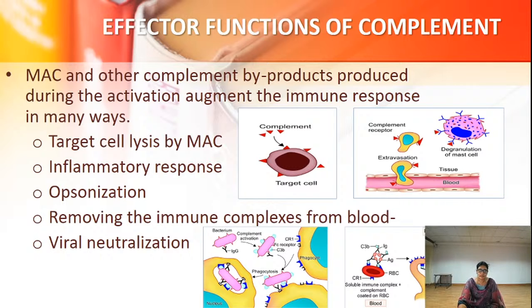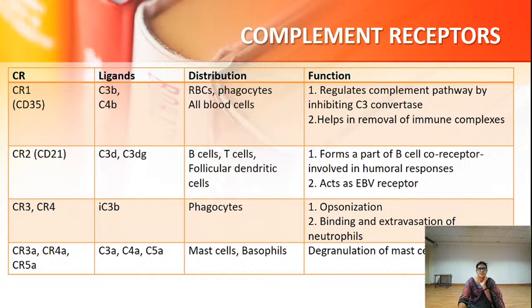So we know about the pathways and the effects of the complements. Let us see the complement receptors. As I said, complement is going to attach to certain cells, so those cells should have some receptors.